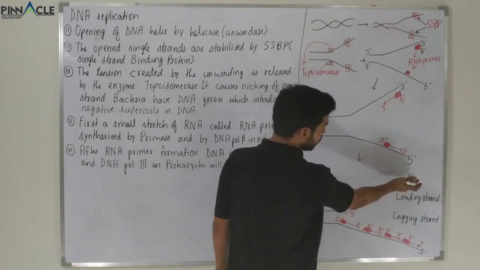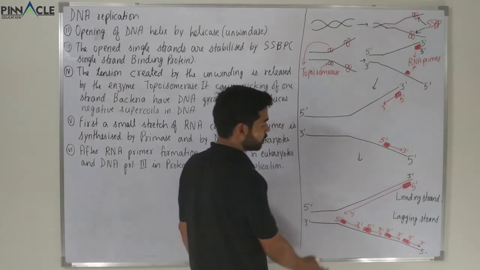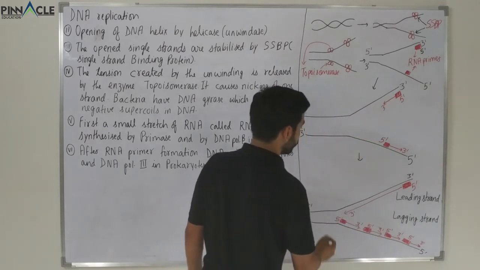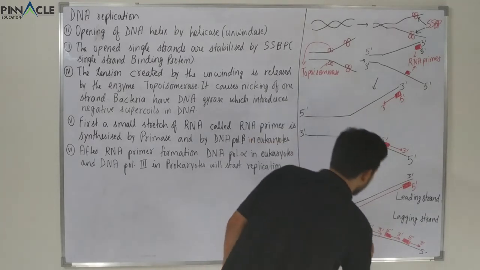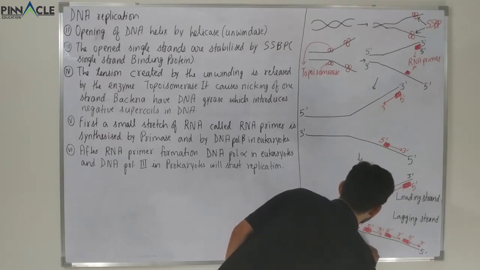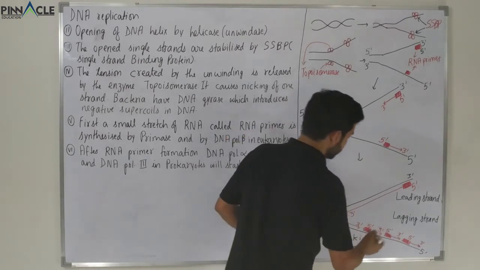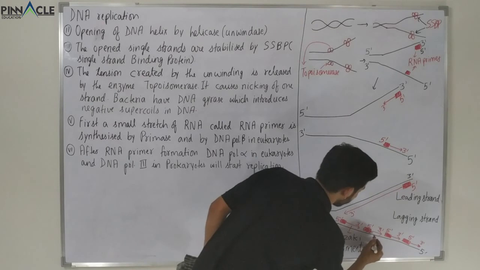So it is very easily forming and there are no intermediate breakages over here, but lots of breakages are over here. So these are called Okazaki fragments. All these pieces that you are seeing here, these are Okazaki fragments.